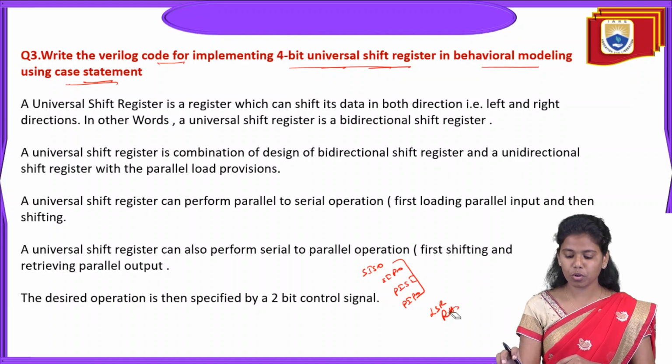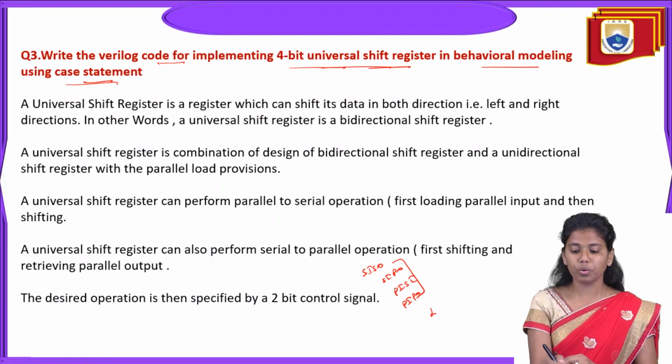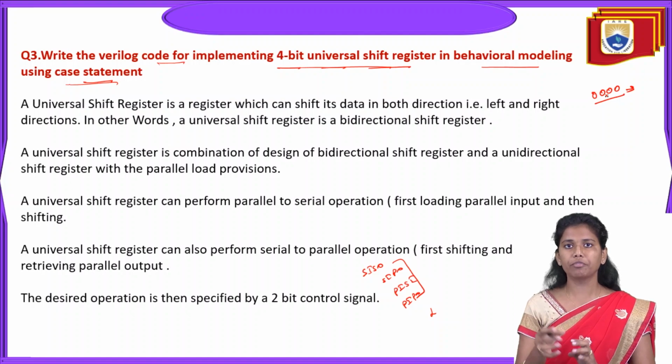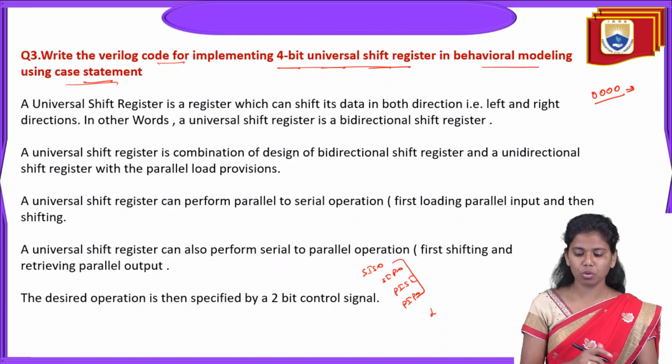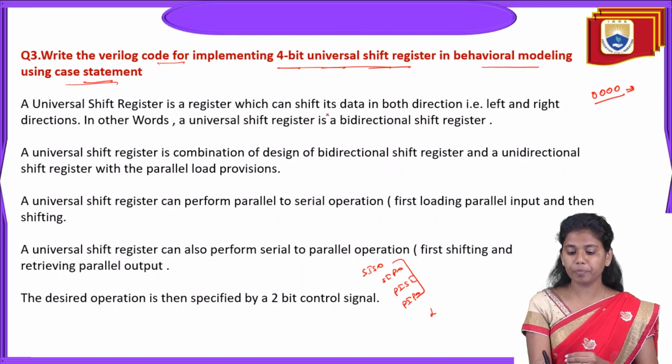These are the basic things in the universal shift register. The name indicates that 4 bits of data, 4 bits of information, can be shifted from left to right or from right to left. So the universal shift register is a register that can shift the data in both directions.